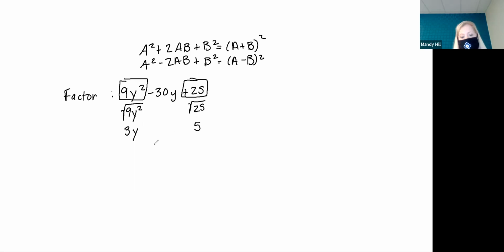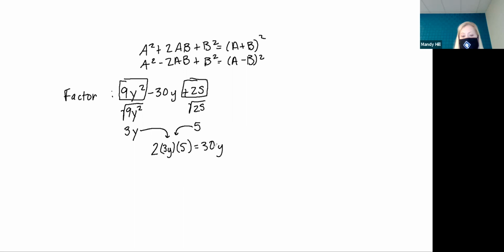Then you go, okay, I'm supposed to take a 2, because that's what's up here in these formulas, a 2 or a negative 2, either way. And I'm supposed to multiply by both of these square roots that I got. So 3y and 5. Well, 2 times 3 times 5 is 30, and then we've got our y.